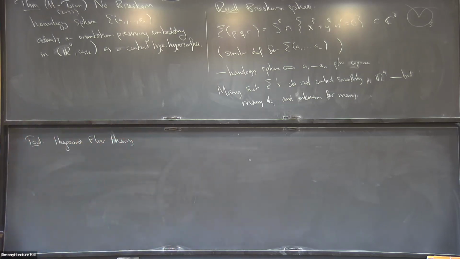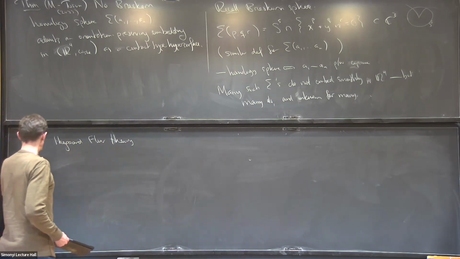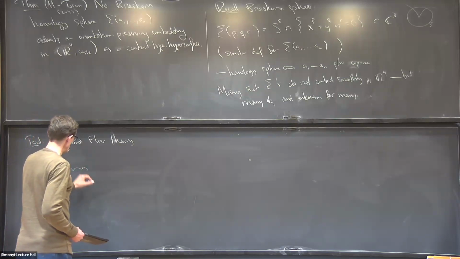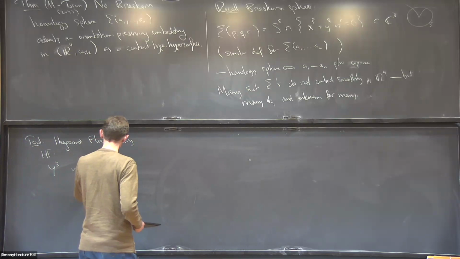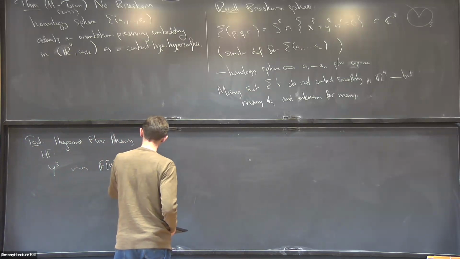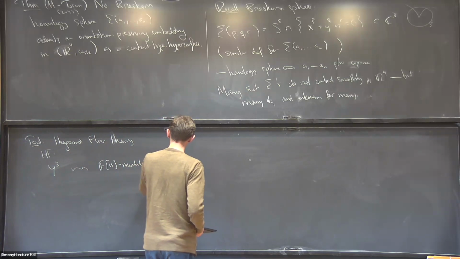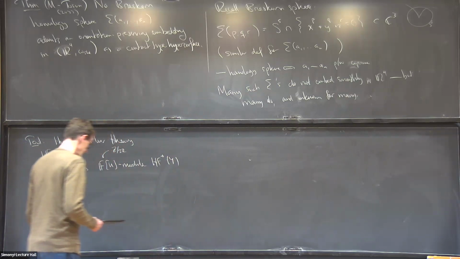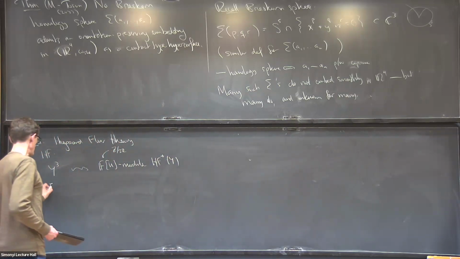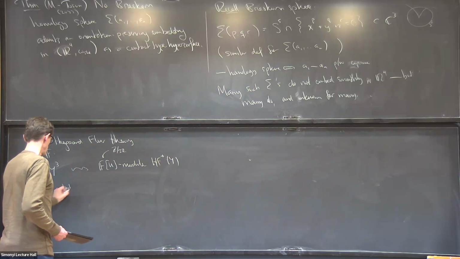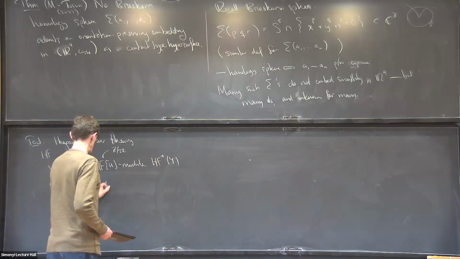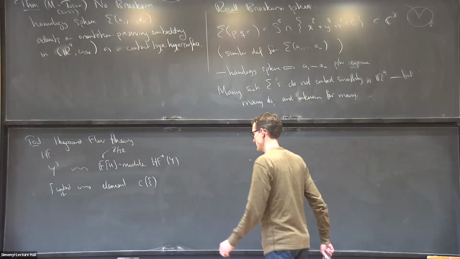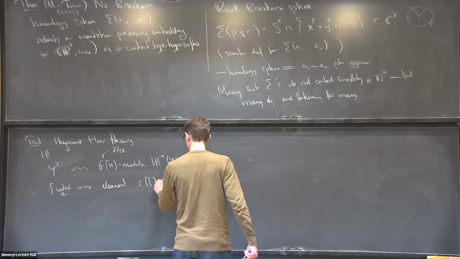Just in a nutshell, what this does is that if you have a three-manifold, it assigns to you a module, let's say an F[U]-module, written as HF^+(Y), where by F I mean the field with 2 elements. And it also assigns, if you have a contact structure, an element, usually written c, a characteristic class living in this Floer group.